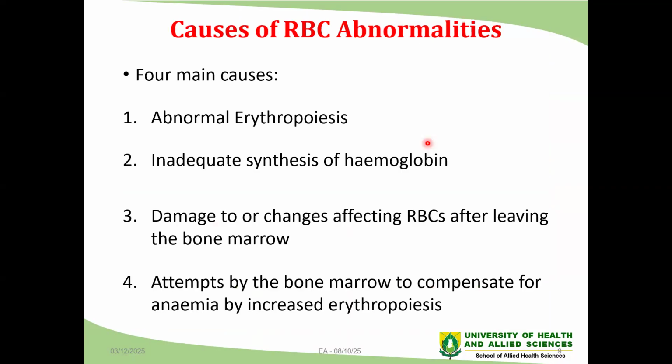So what would cause red cells to have abnormal morphologies? There are four main causes. The first one is when you have an abnormal erythropoiesis. Abnormal erythropoiesis here can refer to the rate of erythropoiesis.